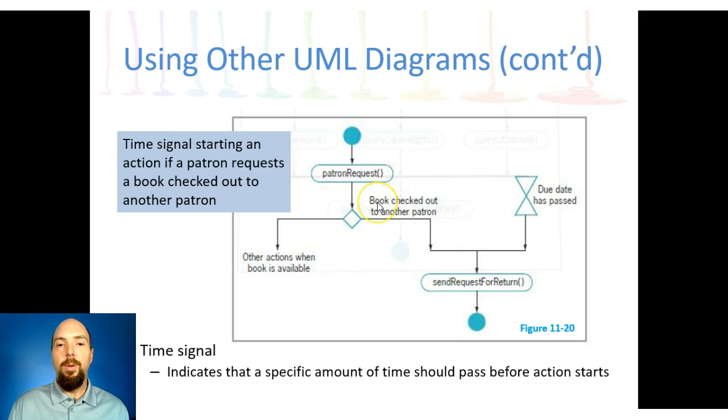All right, so what we're going to do is if somebody has the book checked out, we're not going to let them renew the book because somebody else wants to check it out now. So what we do is we wait for the time to pass where the book is actually due, and that is represented over here by this hourglass. And so when the due date becomes available and the book is checked out, then we're going to send a request to them that, hey, we want you to return the book.